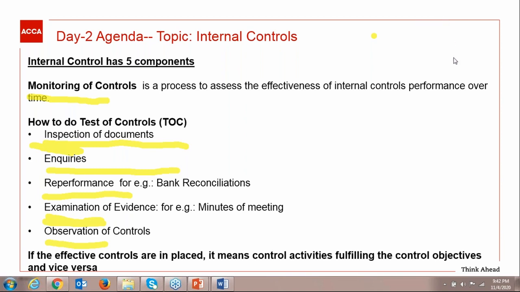So what is the last internal control component? This is monitoring of controls. So we are going to start this slide, and that is monitoring of controls is a process to assess the effectiveness of internal controls performance over time.